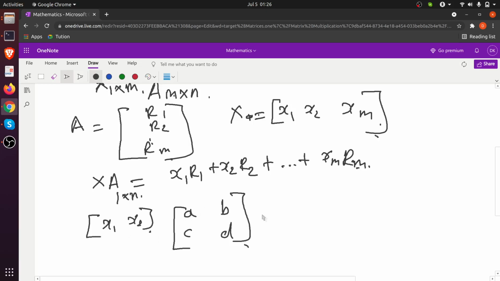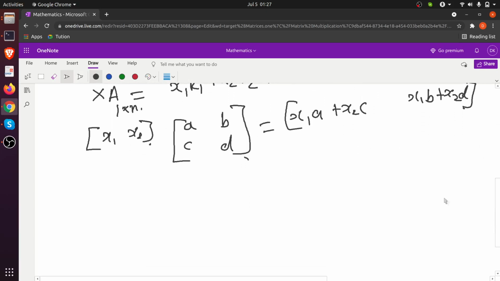If you do the usual multiplication of the row vector with this matrix, you will get x1a plus x2c, x1b plus x2d.